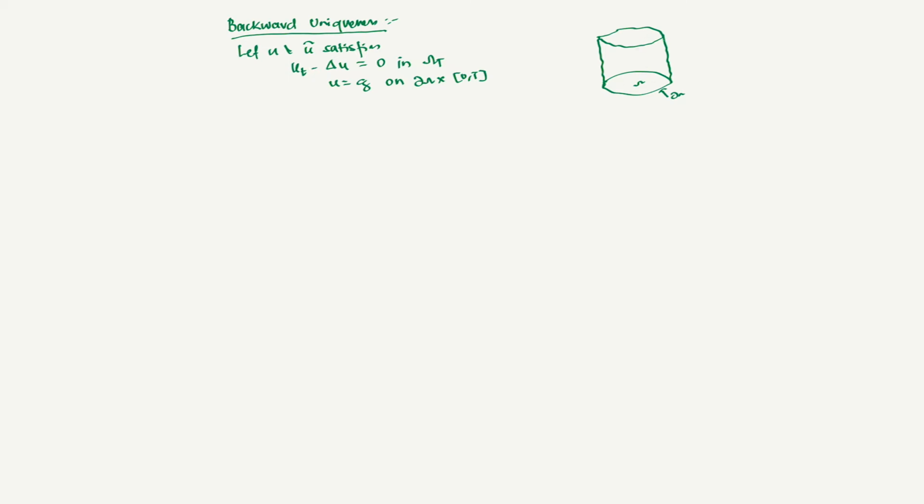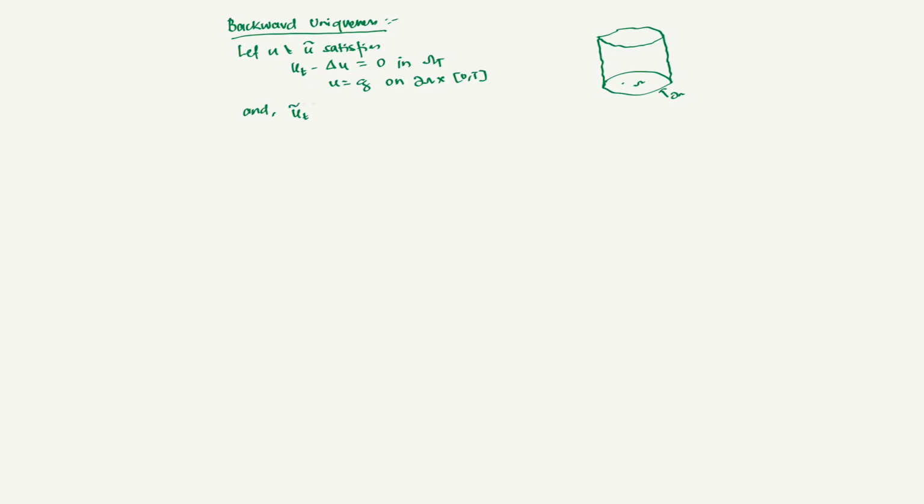So a point here, does it belong to that set? No. So we are only looking at the parabolic boundary minus the base. Of course the boundary of omega cross t equals 0 is included. So let's say u satisfies this equation and u tilde also satisfies this equation.